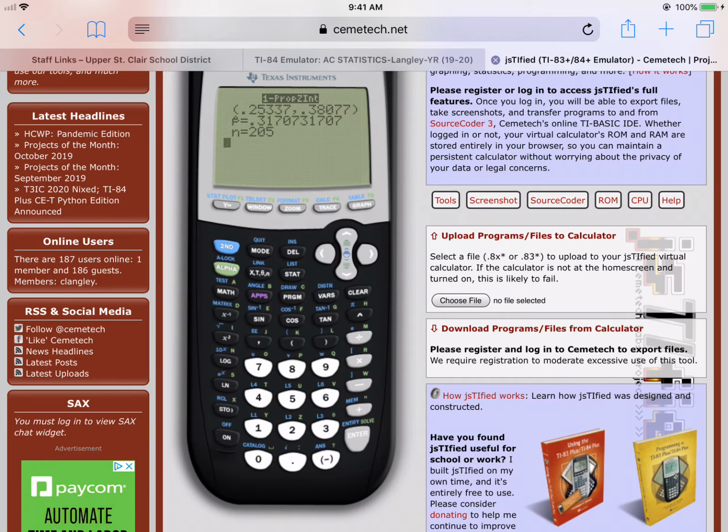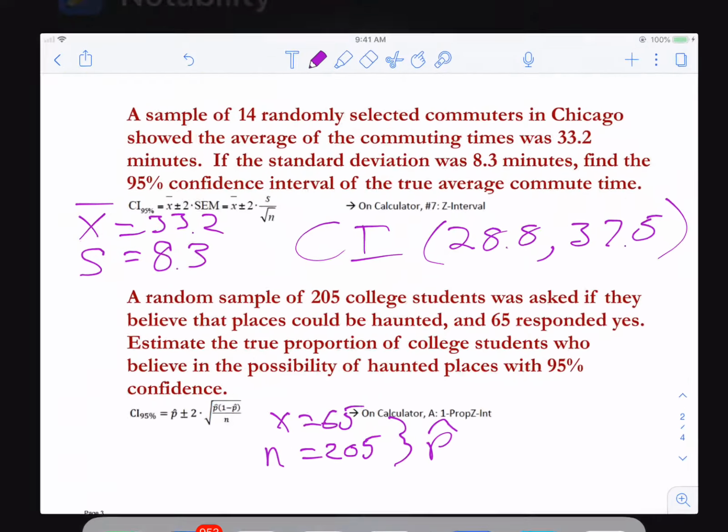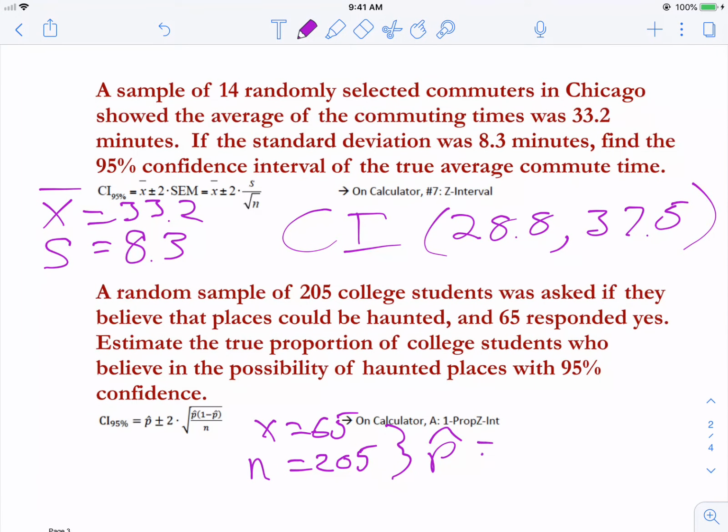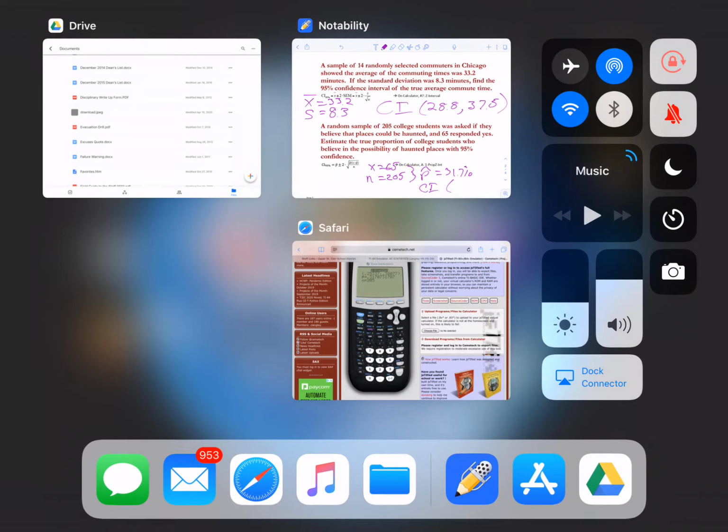We see our p-hat, about 31.7% of people believe that a place can be haunted. And there's our confidence interval from about 25% to 38%.